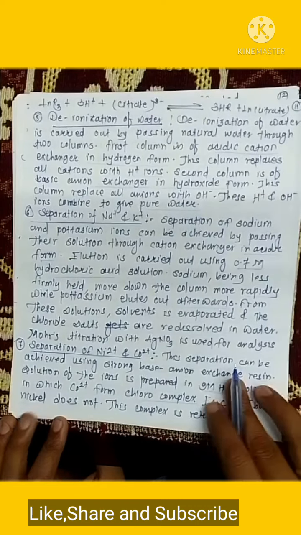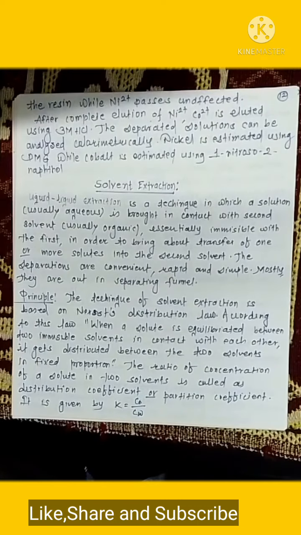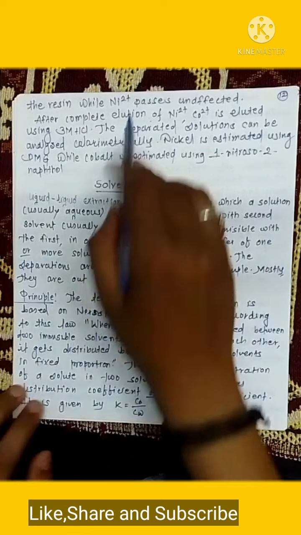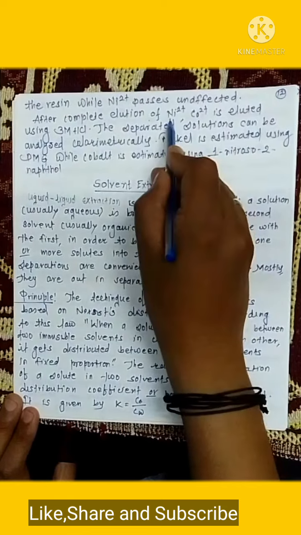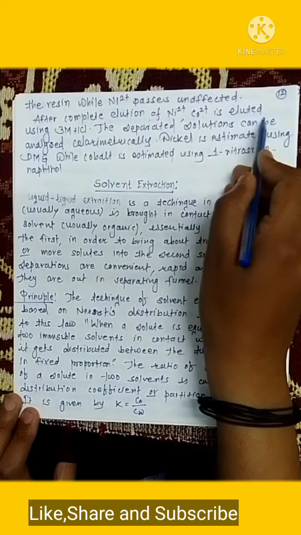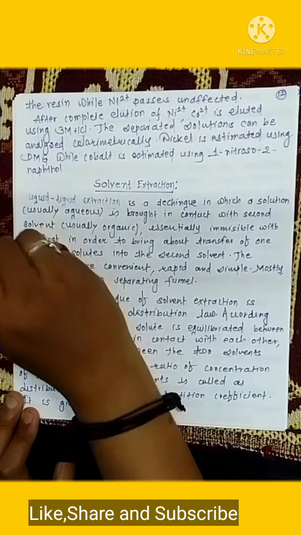This complex is retained by the resin while Ni2+ passes unaffected. After complete elution of Ni2+, Co2+ is eluted by using 3 molar HCl.